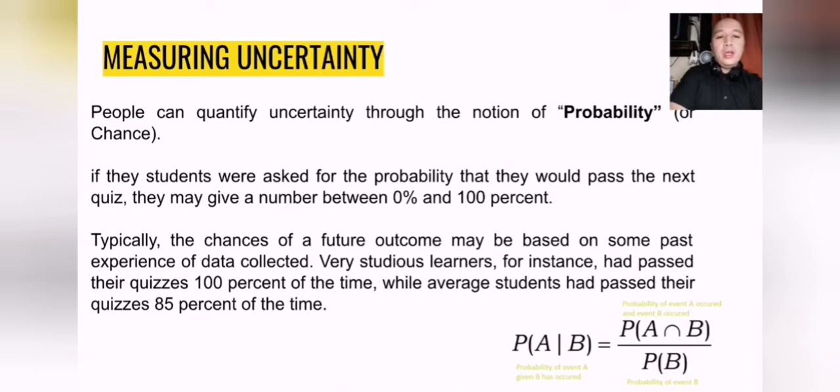For example, a studious student or learner who has passed exams many times and is very confident can say that they will pass 100% or 85% and above, right? So those are the things that give you an idea about the notion of probability and chance. And here at the bottom right of my screen, you can see the formula which we will be using in the succeeding discussions on uncertainty.